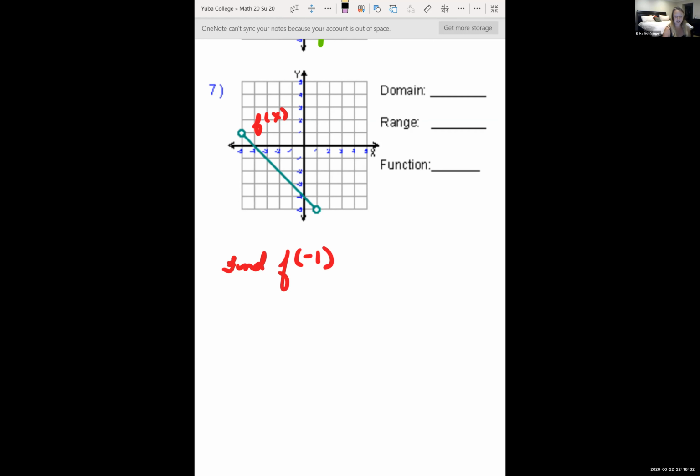You have to understand what that is representing on the graph. What is it asking you to find? What is that -1 representing?